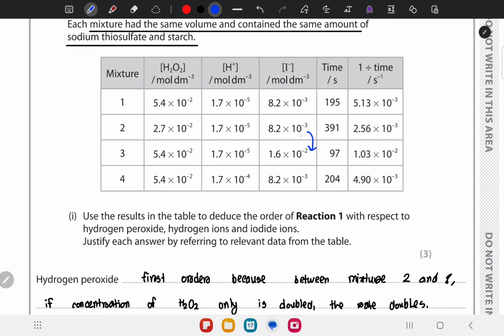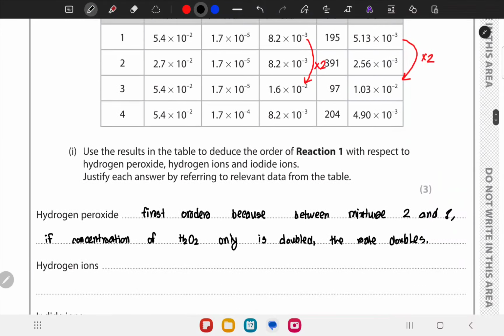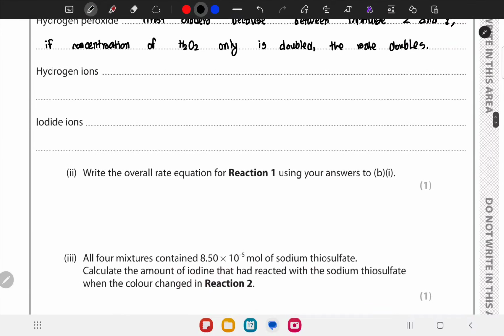There is a change in iodide ion concentration that doubles over here, and we can compare 1 and 3 instead. So the iodide concentration doubles, the other concentrations remain the same, and if that happens, the rate of reaction also doubles. So it's first order with respect to iodide ions.